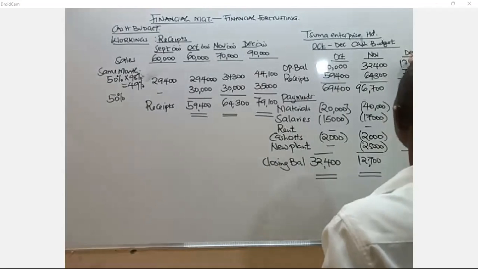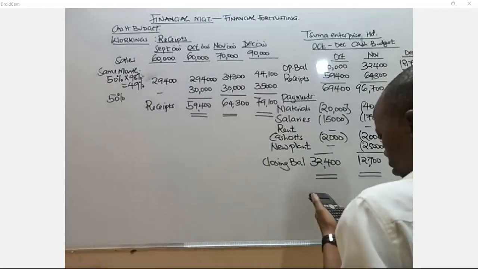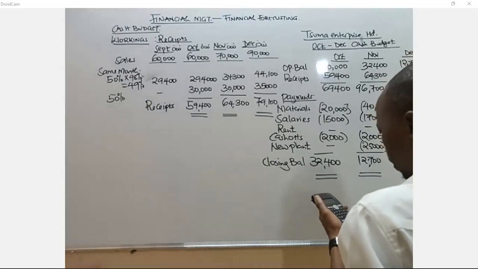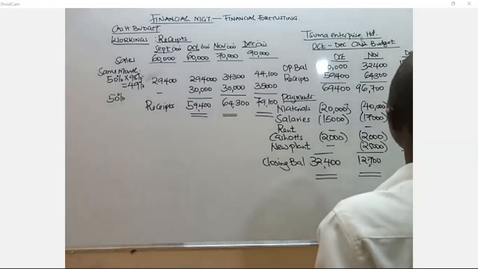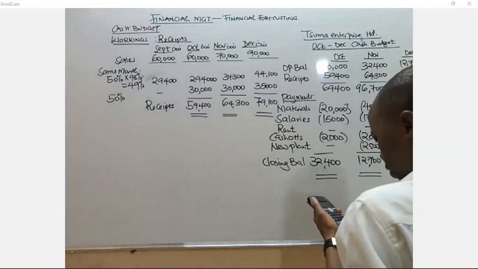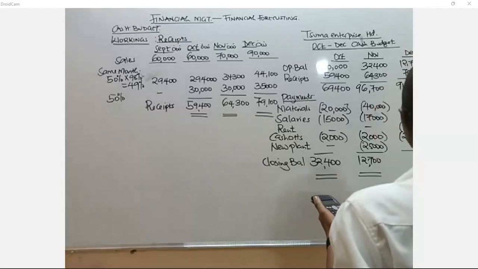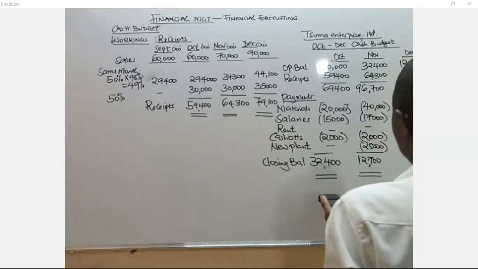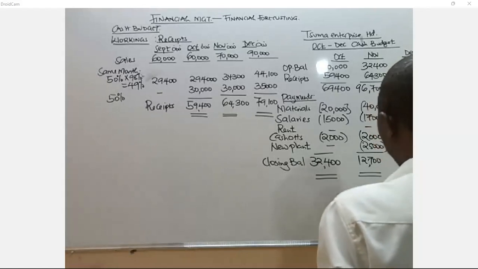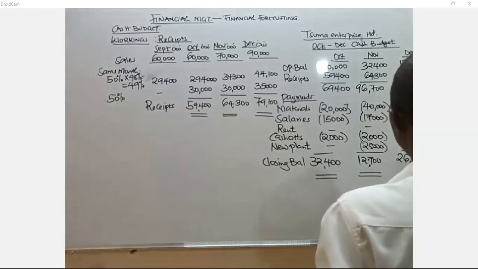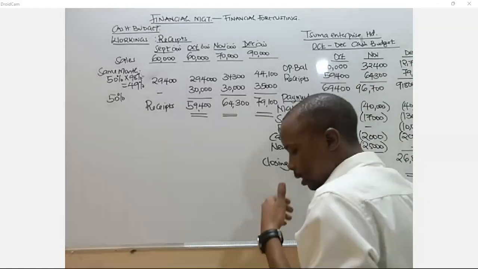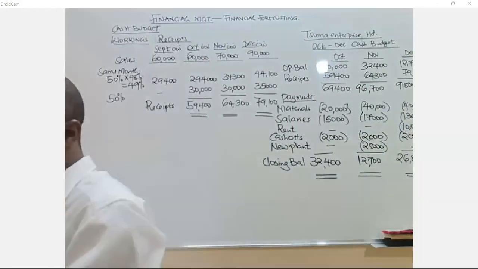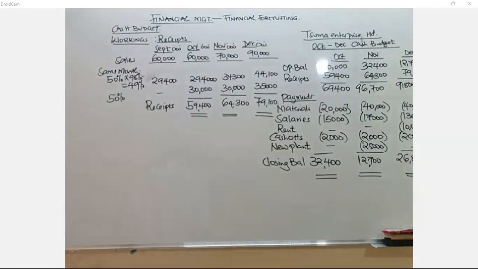We talk about 12,700 plus 79,100, getting 81,800 minus 40,000 minus 13,000 minus 10,000 minus 2,000, and you are getting a closing balance of 26,800. That is how you normally do the question regarding the cash budget.